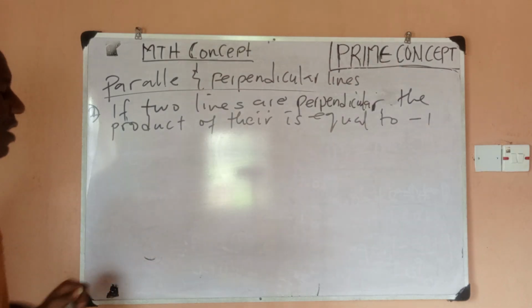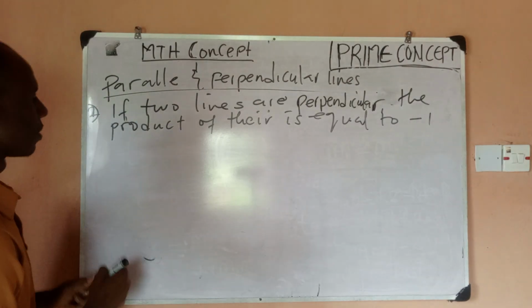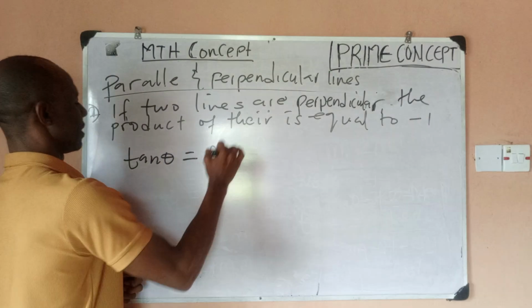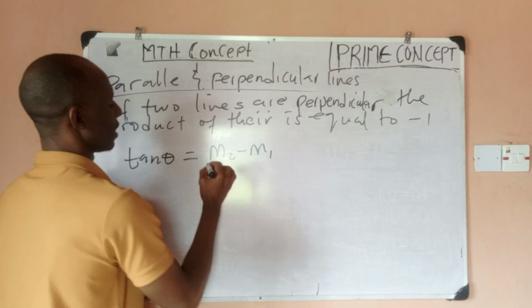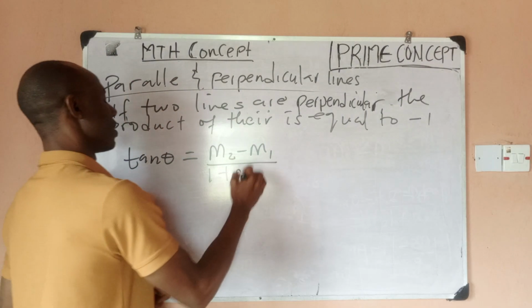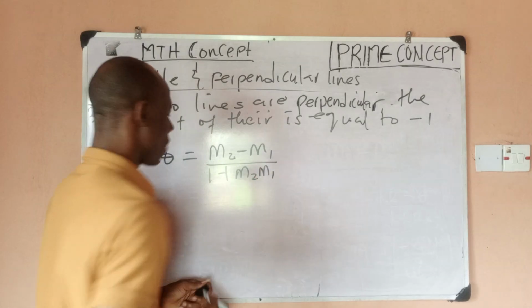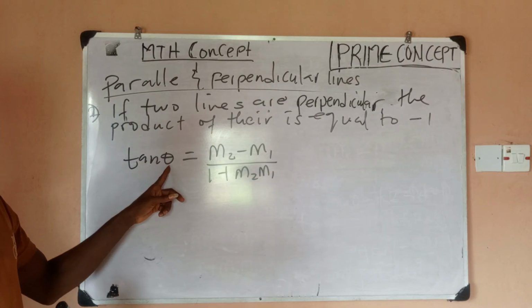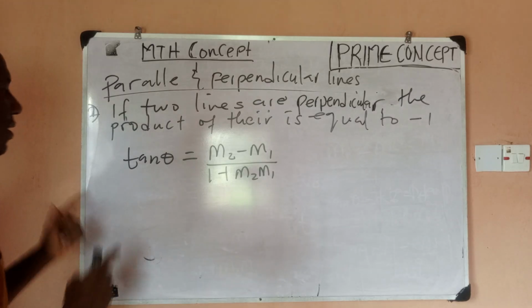We're going to use the same concept we used just now, knowing that tan theta is m2 minus m1, all divided by 1 plus m2 m1. So if two lines are perpendicular, the angle between them is 90 degrees.